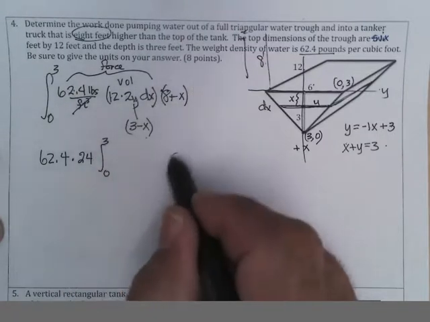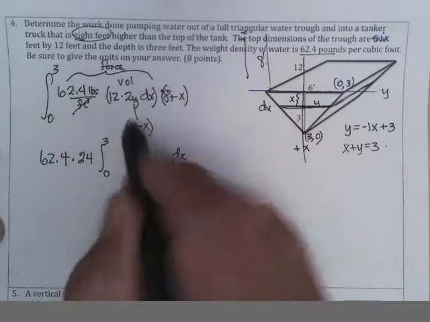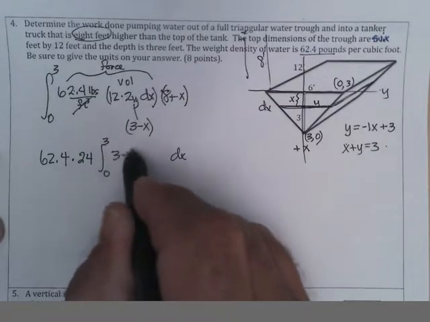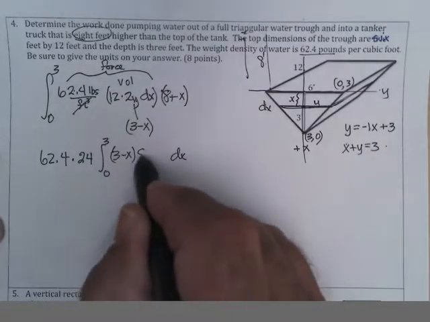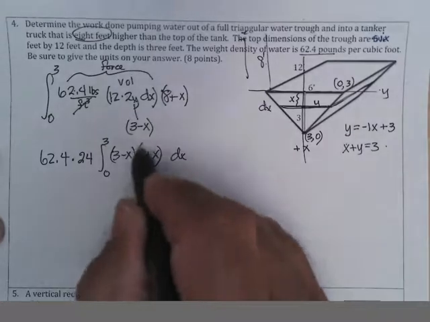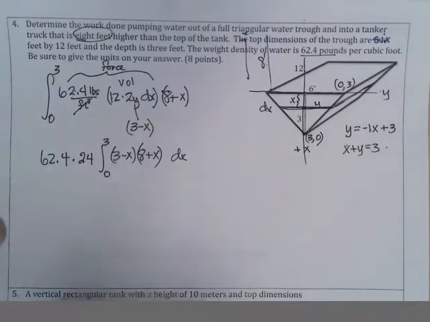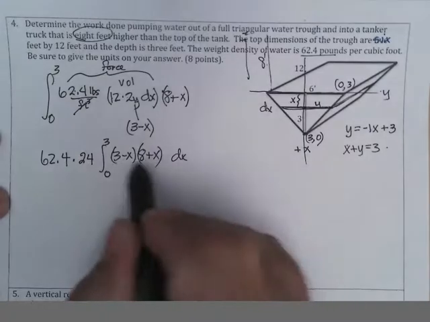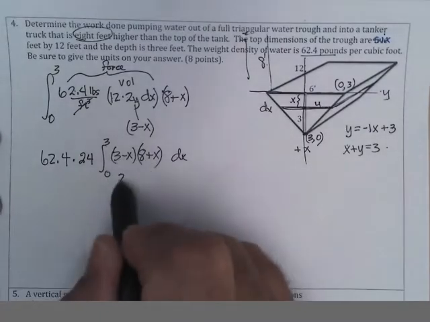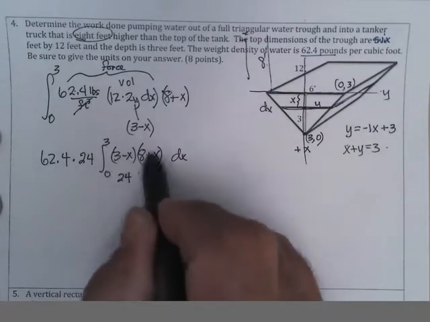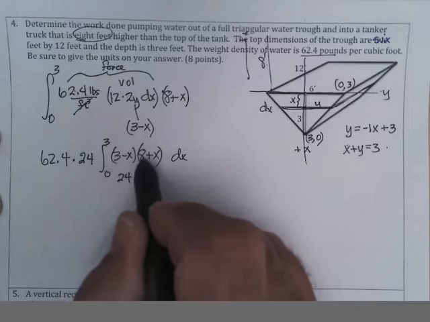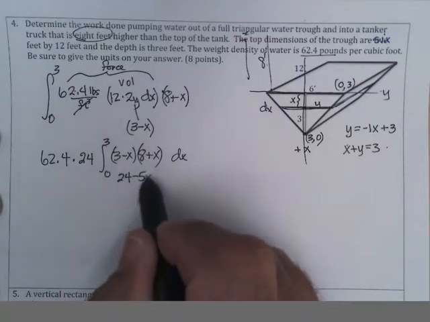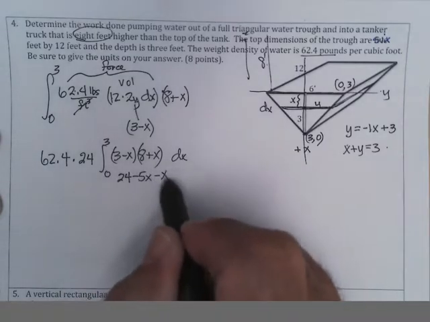I have a dx left, and I have 3 minus x times 8 plus x. And I could type this into the calculator, and I'd be happy with your answer. But this multiplies out to be 24 plus 3x minus 8x, so minus 5x minus x squared.